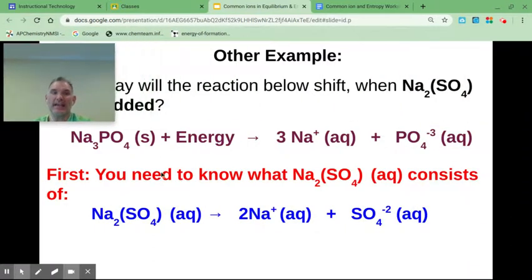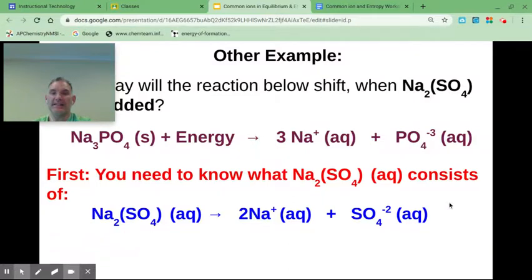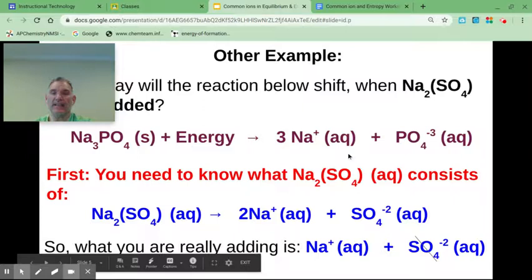Na2SO4 actually consists of Na plus ions and sulfate ions. So if I'm adding Na2SO4 aqueous, this is what I'm adding. And notice that sulfate is not here. So when sulfate is taken out, what am I actually adding? I'm adding only Na plus.